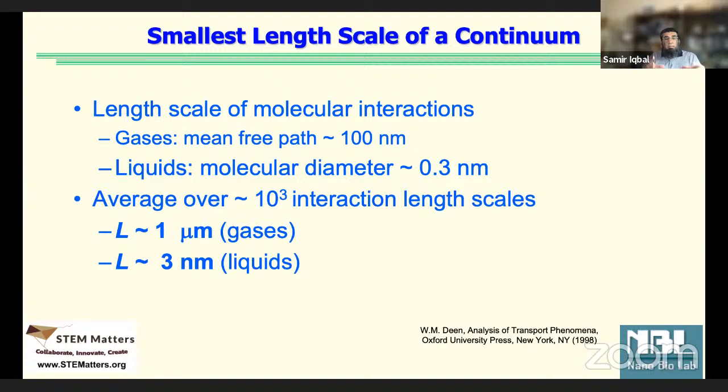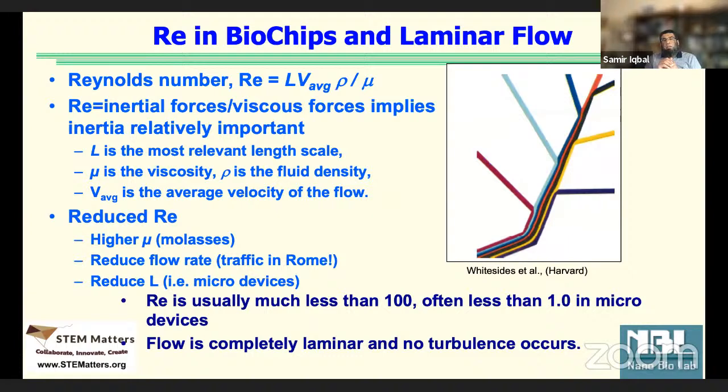But here, now the size goes small, so the length of the passage of a Brownian motion atom, or we can say entity, is smaller than the dimension of the container itself. And that gives us a new kind of way where at low Reynolds number we have higher viscosity, which means it's much more dense.